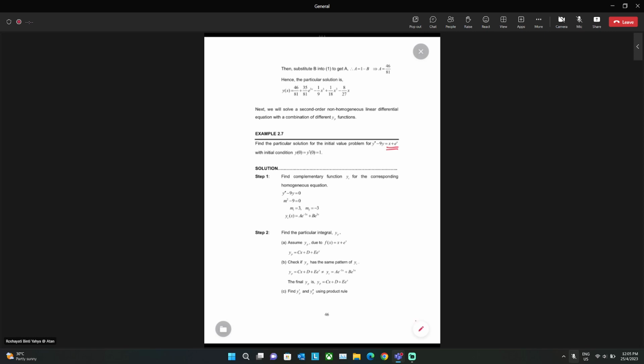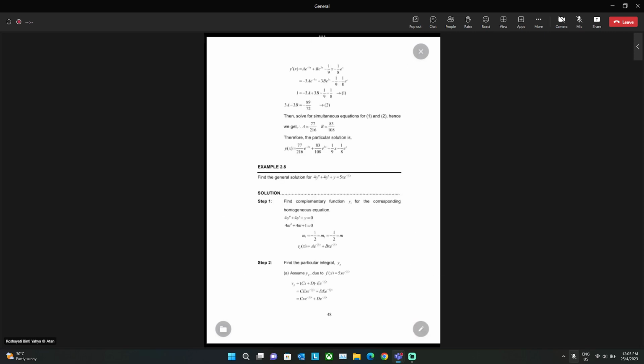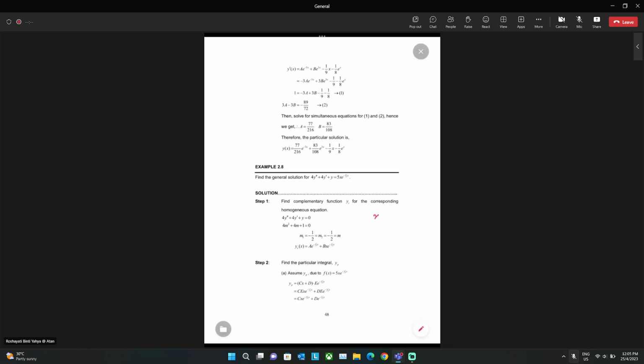However, in this example 2.8, it is x dot exponential. So what you need to do is check one by one. For x, just now we have cx plus d, and for exponential it is c exponential and x, if you refer to table 2.1.